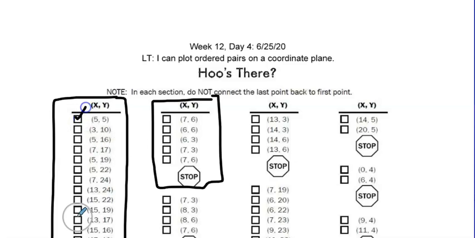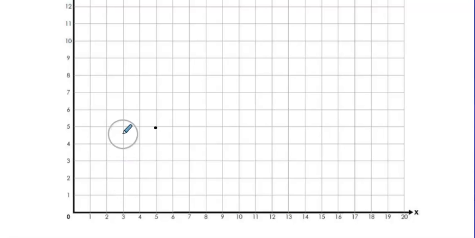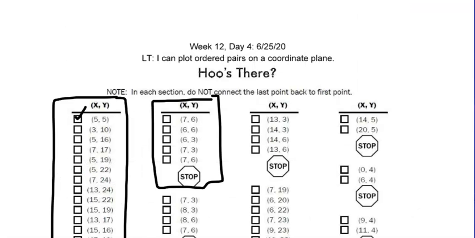Then you'll put a check mark to show you that you did that. Next is 3, 10. So we're going to go over to 3 and up to 10. On this, you are going to connect these lines. So these 2 will connect. Then I've done that one, so I can put my check mark.